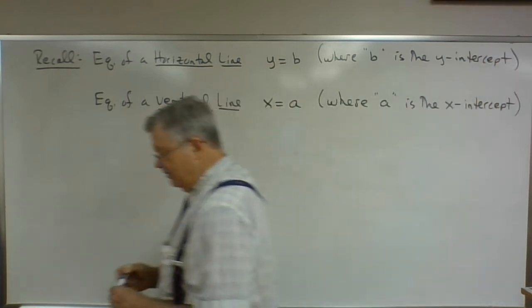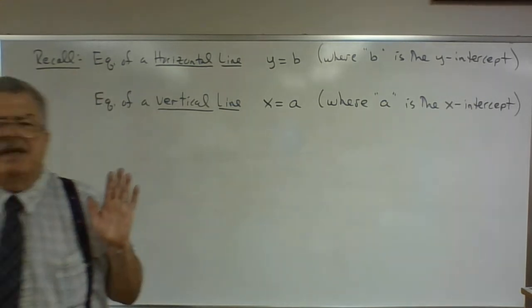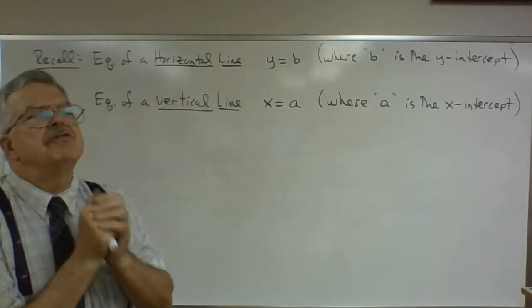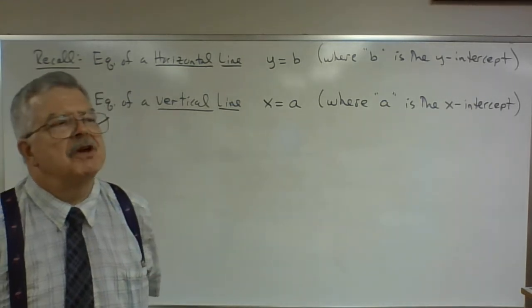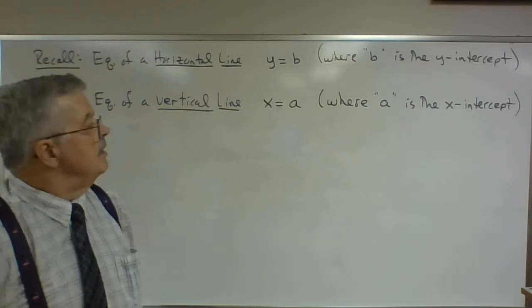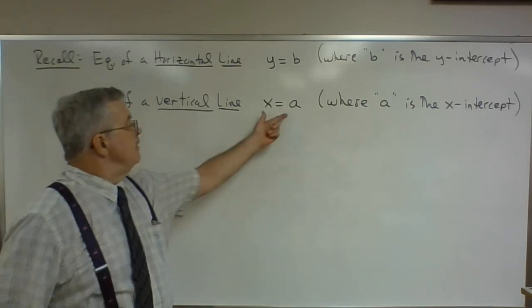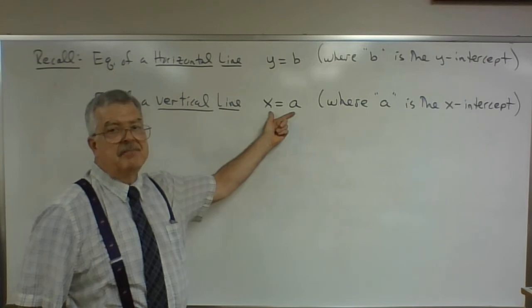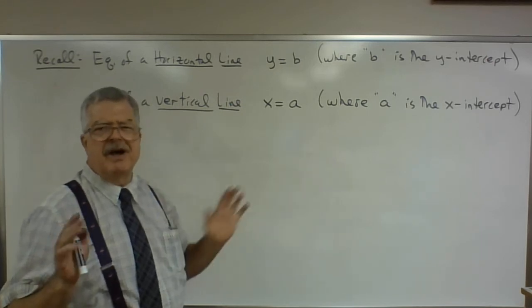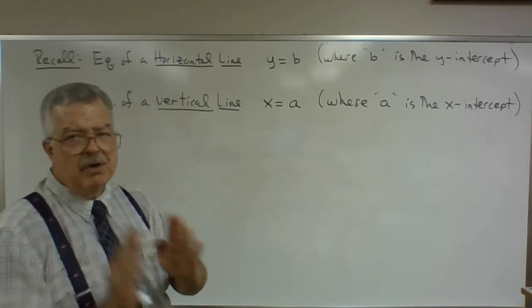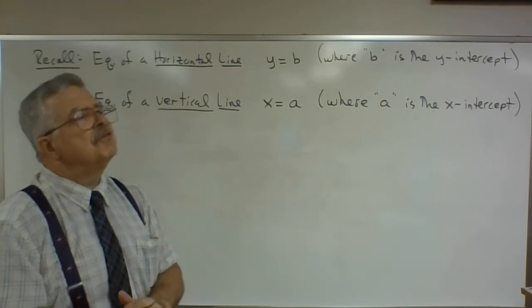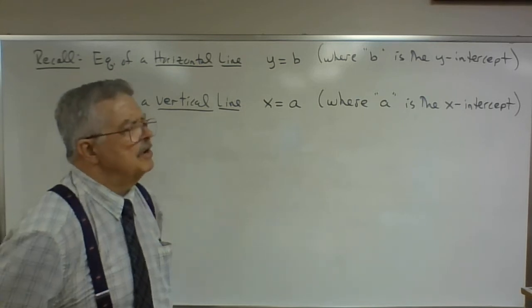So this is how it turns out. We can't use the slope-intercept form of the equation of a line to derive the equation of a vertical line. Because the slope is undefined, we don't have a value of the slope to plug into the slope-intercept form.